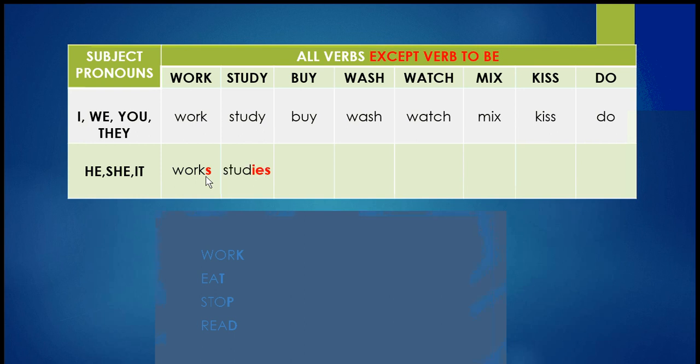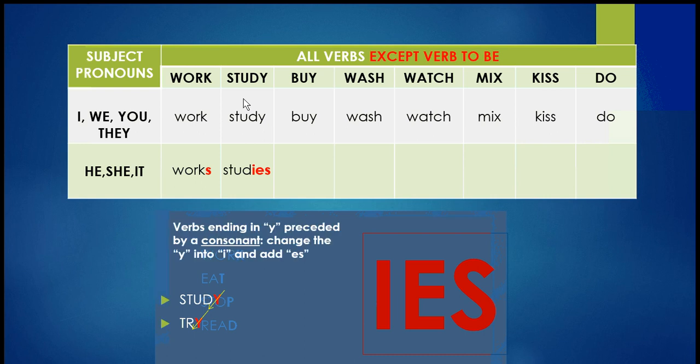But we have other verbs, for example study. Study ends in a Y, so we drop the Y and we write IES. Verbs ending in Y, preceded by a consonant, change the Y into I and add ES.